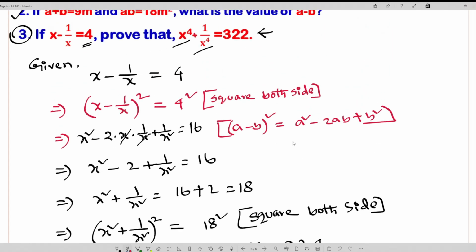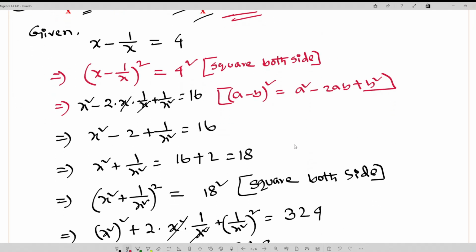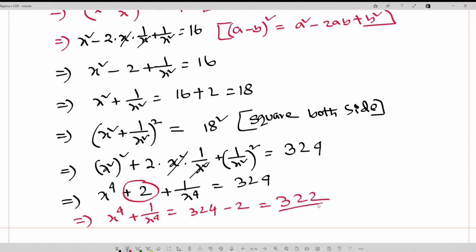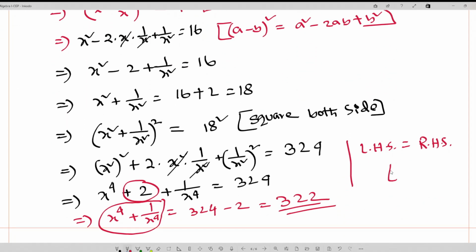Now the question is x to the power 4 plus 1 by x to the power 4 equals 322, and we already got 322, and the left side is x to the power 4 plus 1 by x to the power 4. So we can write left hand side equals right hand side, and here is proof that we can write proven.